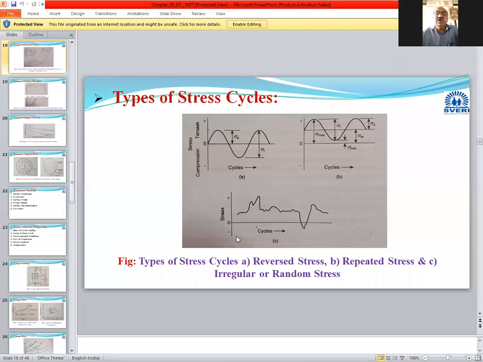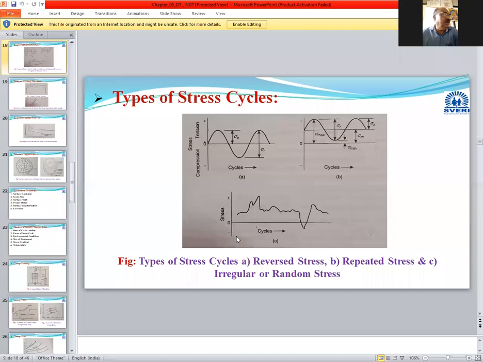So stress may be reversed. Reversed means whatever stress is above the line of sigma, the same will be below. Tension and compression are similar, but in repeated stress, the same thing occurs repeatedly from a specific point, and then it is called repeated.